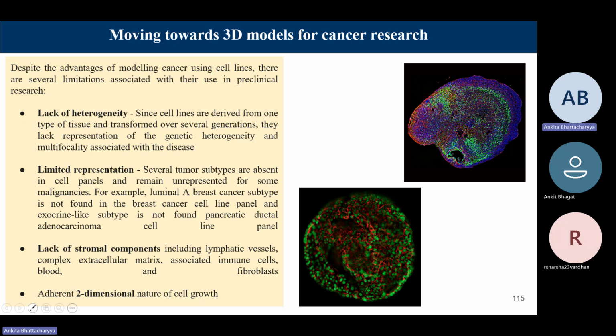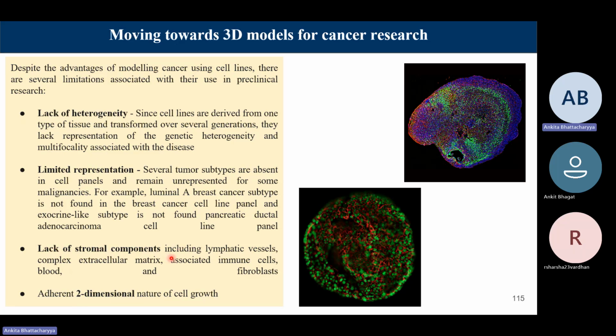And people have now moved from that idea and have diverted a little bit more towards the 3D models, which is what we discussed during the later point of the class. So therefore, this cell line panel obviously is still quite lacking.